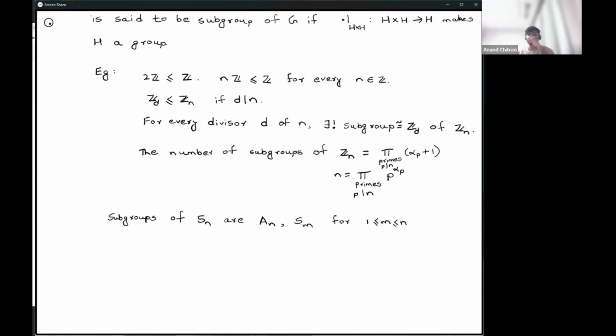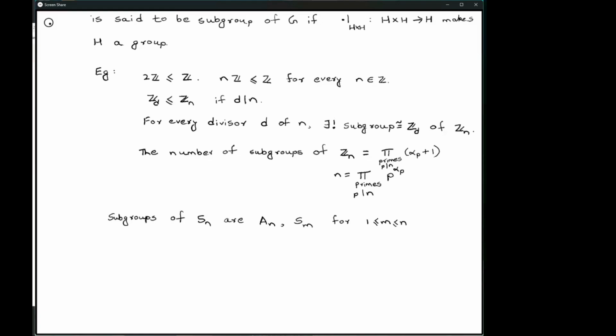Is this a subgroup of Sn? Yes, sir. Why? Because Sm itself is a group and it is a subset of Sn.